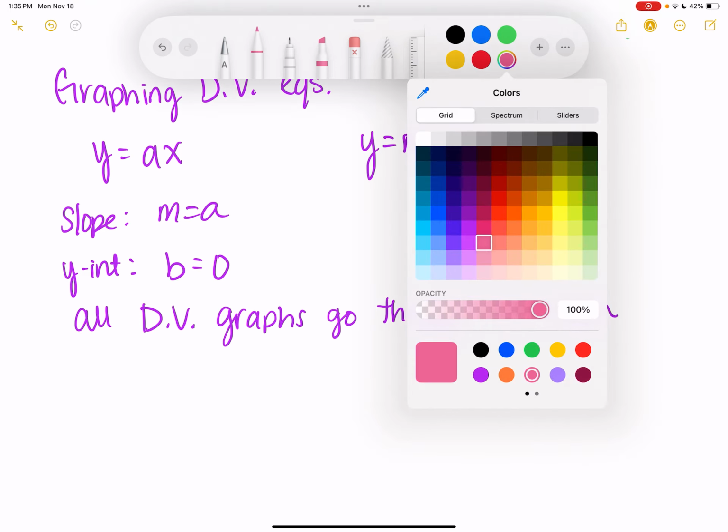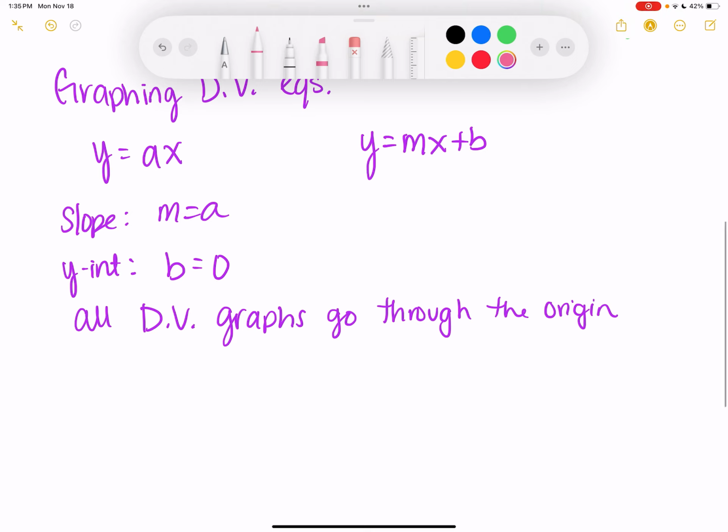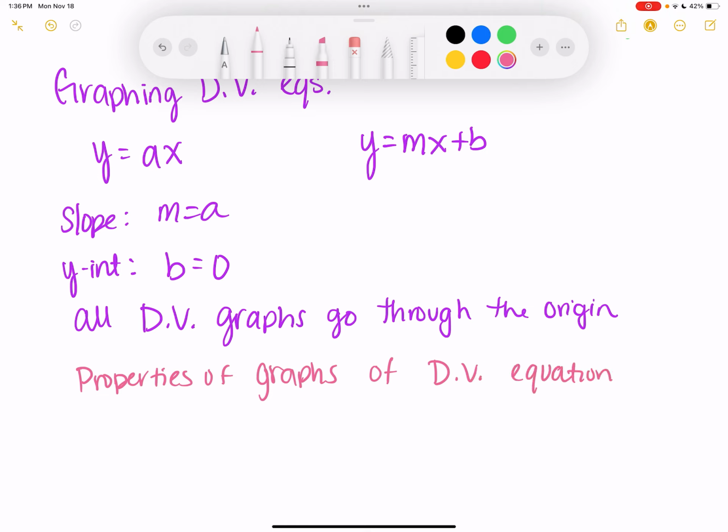Kind of continuing with this: properties of graphs of direct variation equations. This is reiterating what we have, and then I'm going to draw a picture of the different graphs here.